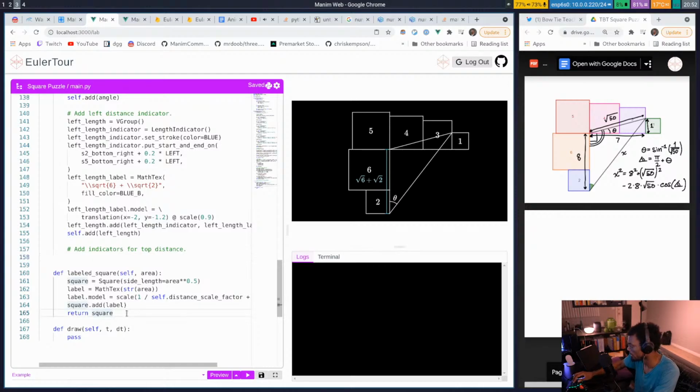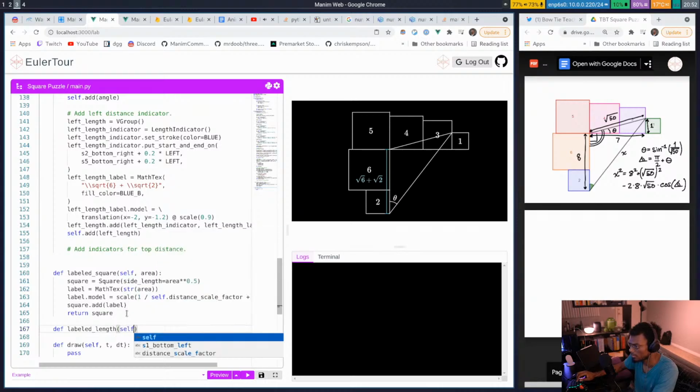So for example, solve on the start, the end, the label location. Should be the label offset. Probably just a label location.